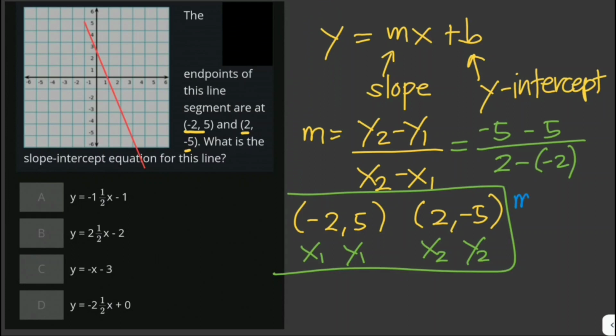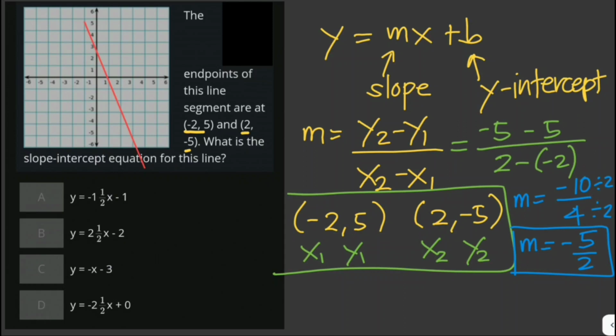Okay. So our slope is just equal to -10 over 4, or we can reduce this to -5 over 2. We divide both our numerator and denominator by 2. So this is our slope here.